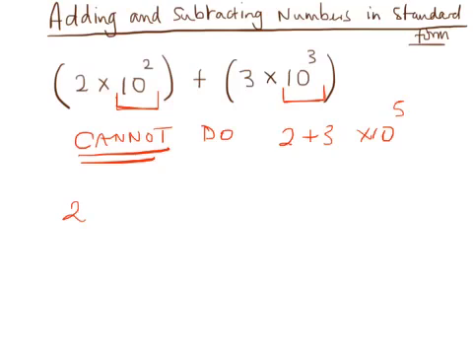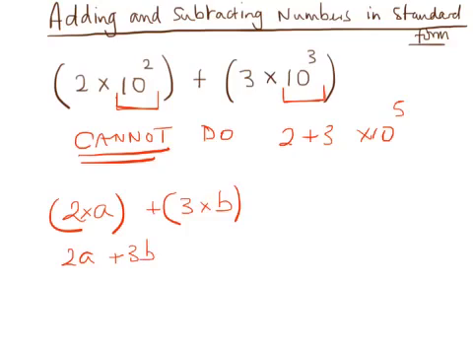So if we had 2a, which is like 2 times a, and add 3 times b, 2 times a plus 3 times b, we can't really do much with that other than say it's 2a plus 3b. We can't combine the a's and the b's together in any sort of way because they're separate things.